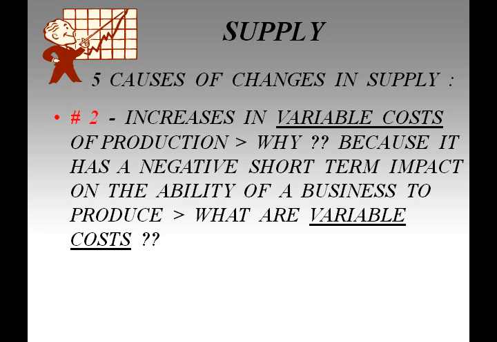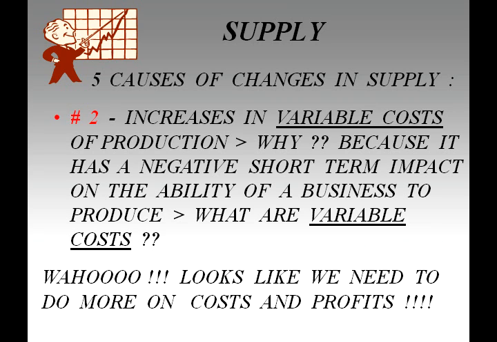Now, we've talked about cost of production before in Chapter 2, but we didn't talk about types of cost of production specifically, for example, variable cost, which we'll need to do now here so that you have a more thorough understanding. And not only will we look at cost a little bit deeper, but we'll also look at profits in a little bit different way.